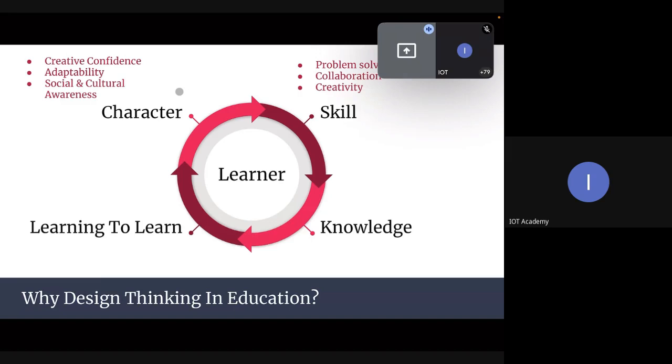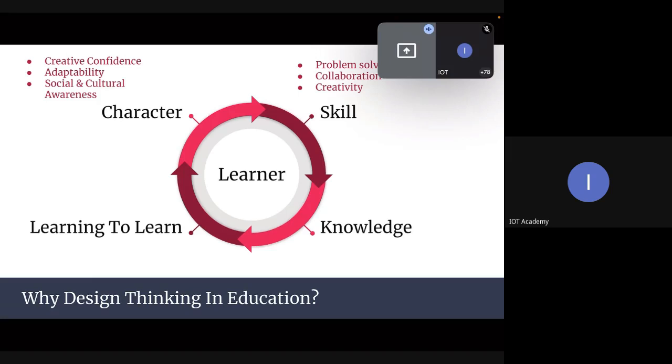It is all about understanding other people's perspective. It is all about adaptability, flexibility, understanding various cultures, various social norms, various points of view. So design thinking will obviously help in developing the character that we are looking for in our learners in the coming century.